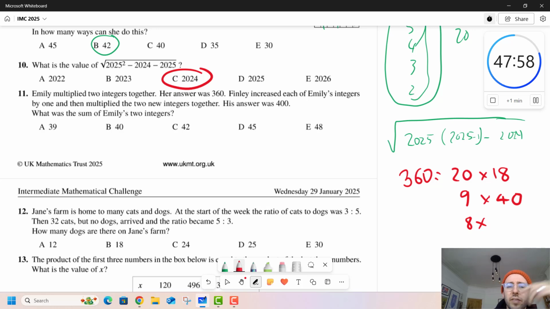But wait, 400, 4 times 100, can't be that, 40 times 10. But 39 times 9 doesn't give me that. I think it's going to be like, what's it divided by 15? I think that's 15 going into 360, to 24. So 15 times 24, and then 16 times 25, I think.